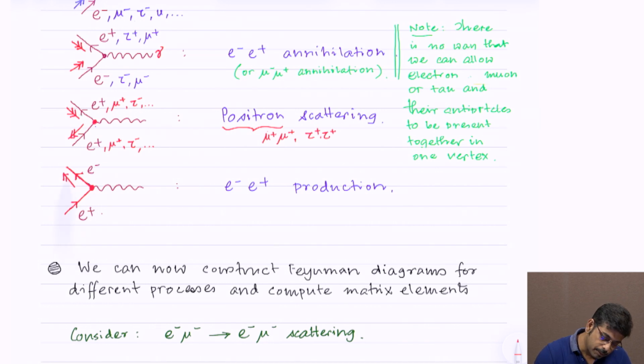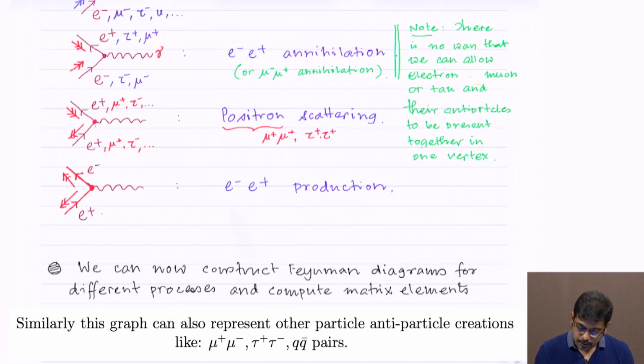So, I draw the momentum arrow for this one going out of the vertex. So, it is an electron creation. Once again, if I choose the momentum arrow in this direction, this has a fermion flow opposite to that momentum. So, this is a positron. So, this is a positron creation because the momentum is coming out of the vertex, and the electron creation is also coming out of the vertex. So, this is actually giving you electron positron production.